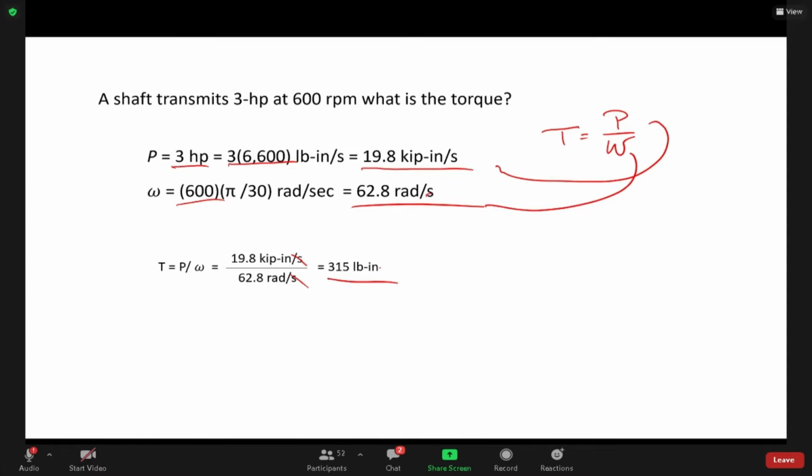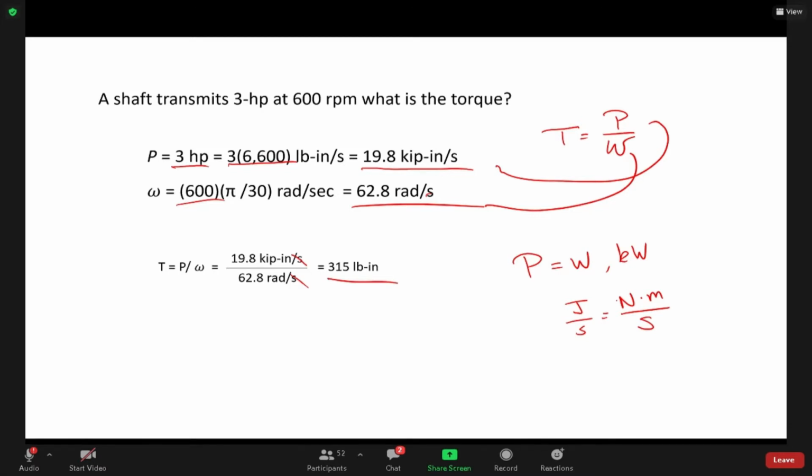If you're in SI units, the power will most likely be in watts, or very often kilowatts. Remember, a watt is a joule per second, or a Newton times a meter per second.